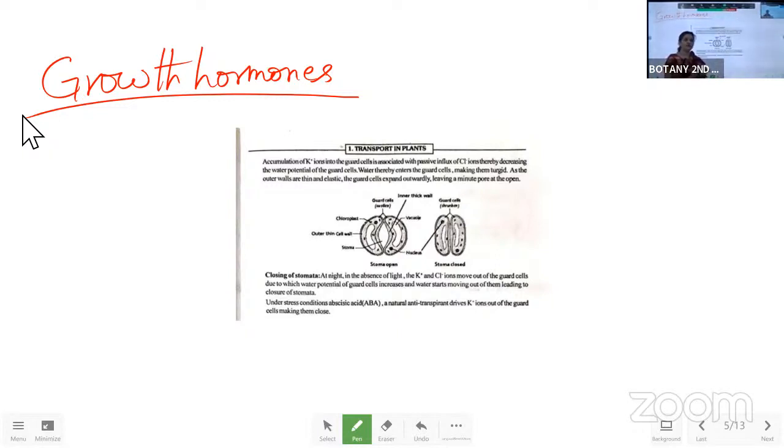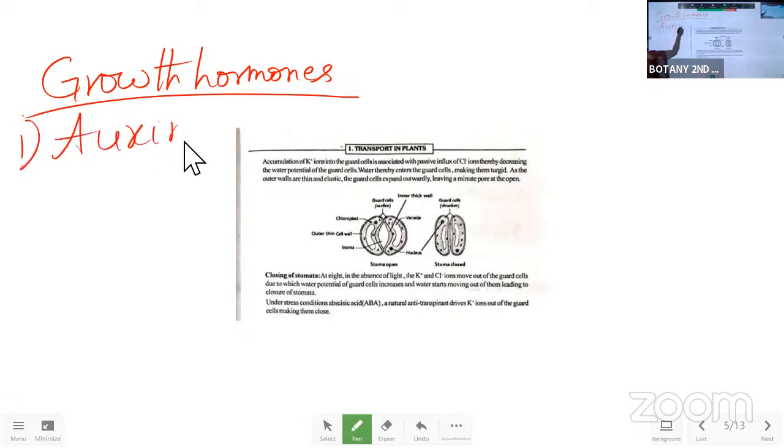And next come the cytokinins, ethylene, and seed dormancy. In the March exam, you have seen they have given the seed dormancy, isn't it? So now we can expect one question of that type, and otherwise only questions based on the hormonal actions. So the first one is for the auxins.